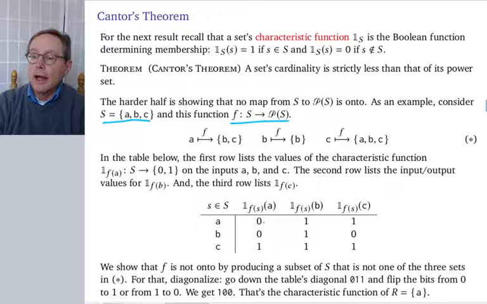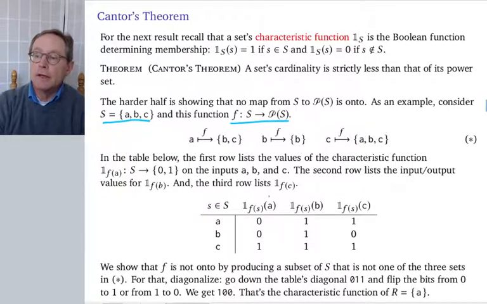F of little a is the set that does not contain an A, does contain a B, does contain a C. F of little b does not contain an A, does contain a B, does not contain a C. F of little c does contain an A, does contain a B, does contain a C. Okay, so once again with the top line, f of little a does not contain an A. That's what it says here.